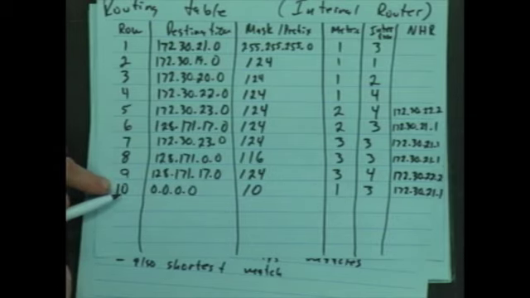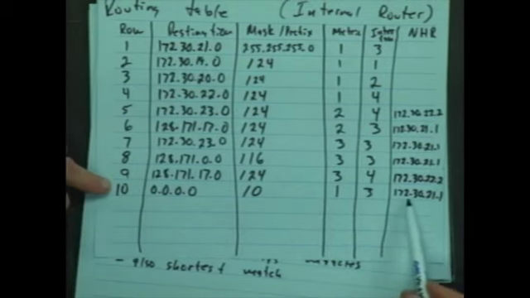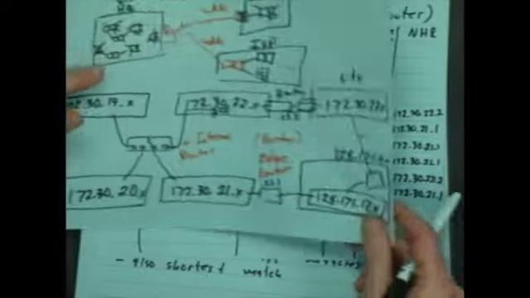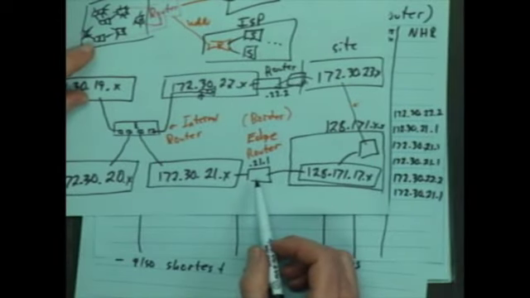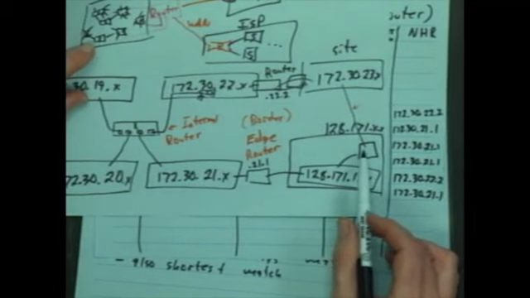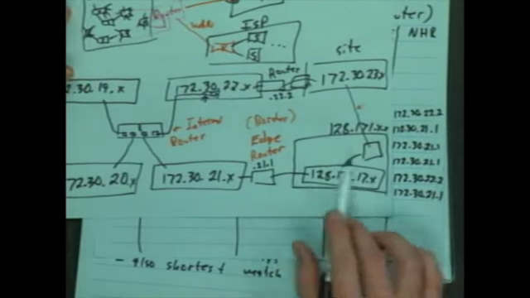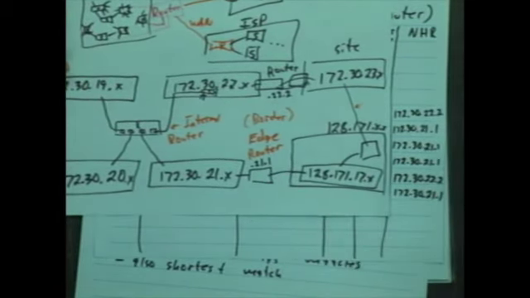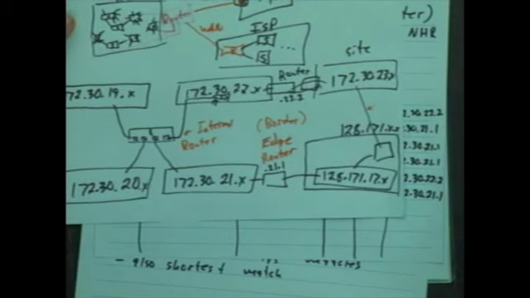I don't know where this goes. And notice it's going to pass it off to 172.30.21. It's going to pass it to the border router. The border router, by the way, will probably just pass it to the ISP router. And then somewhere along in the internet backbone, there's going to be a router that knows where it goes.